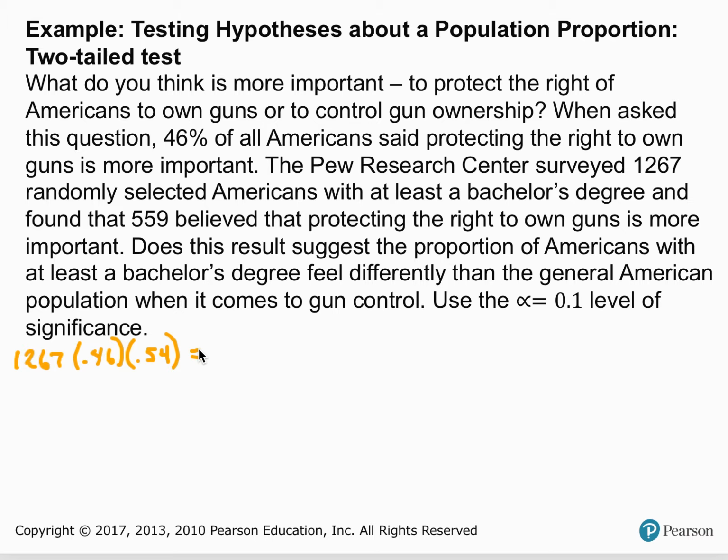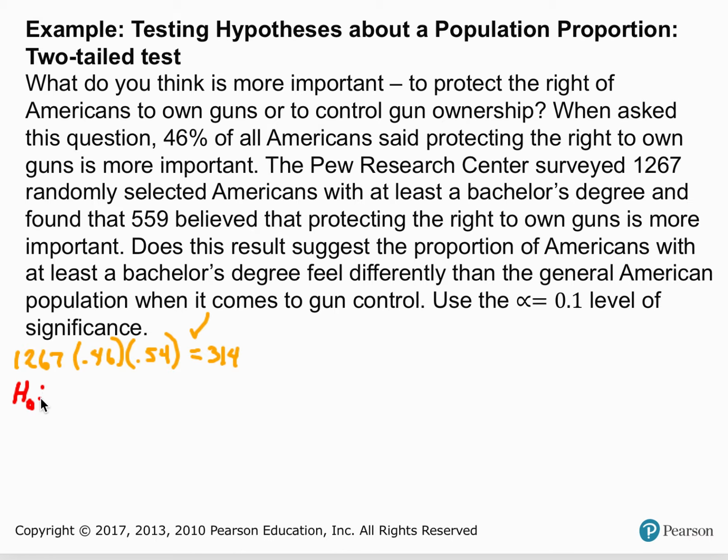Yeah, so 1267 times 0.46 times 0.54 is 314. 314, so way greater than 10. Okay, so that checks out. And we're talking about adult Americans again, and 1,267 is way less than 5%. So the 3 requirements fit. We can assume it's normally distributed.